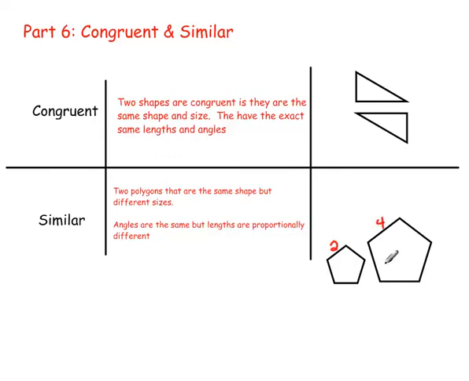So let's just say, for example, I said that this was 2 and this one was 4. So this one would be 2 times as large. Okay? So congruent means the exact same. Similar means they have the same shape, but their lengths are not the same.